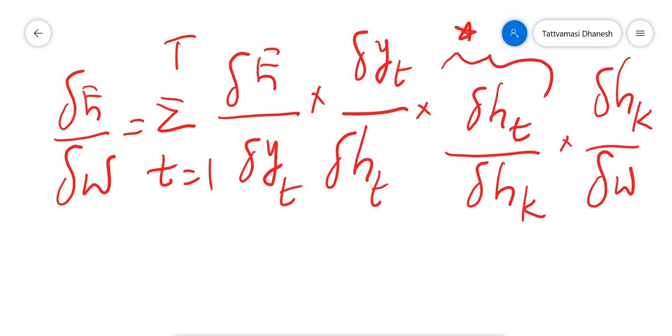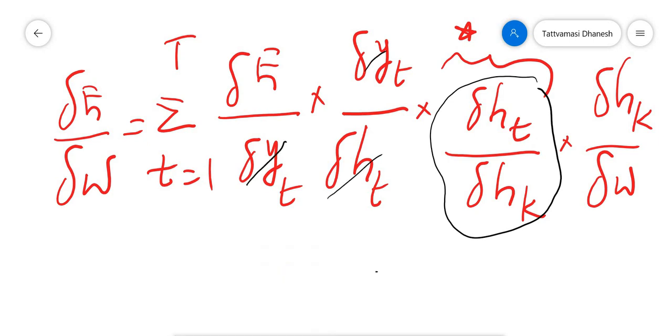So here this term you need to understand. It is the partial derivative of the hidden layer at time t with respect to time k. See this chain rule, you are familiar with it in the backpropagation algorithm. So finally, this will be cancelled and this will be cancelled again, and finally you will get dou E by dou W. But this term dou HT, the time is different.